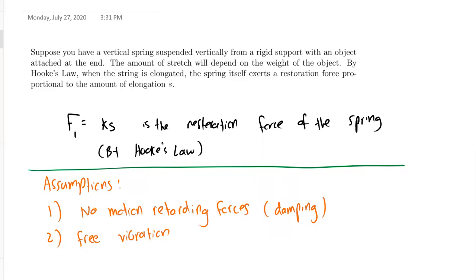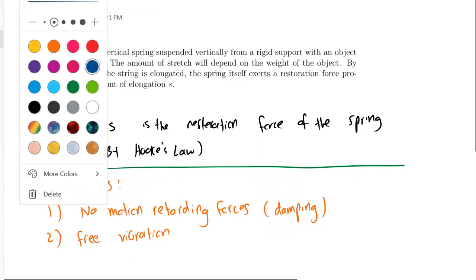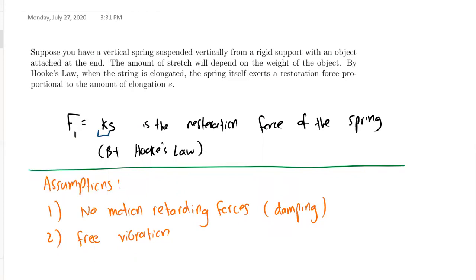Now, in the literature, sometimes this k here is called the spring constant, or the spring stiffness. So this k basically governs the stiffness of the spring. The larger k is, the larger the restoration force is, and you can think of it as the more stiff the spring is, meaning that there won't be as many oscillations.